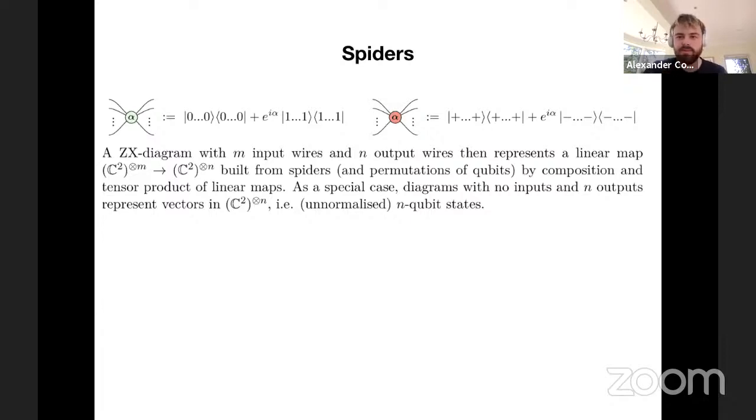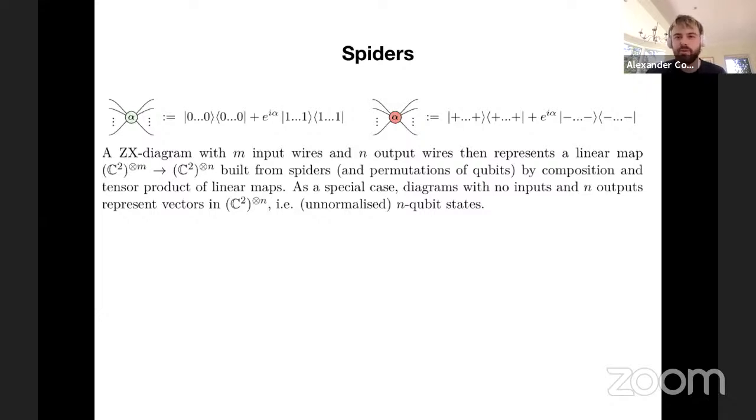And we have two types of spider, green and red, corresponding to Z and X basis correspondingly, with some angles associated with them. And we can represent linear maps between Hilbert spaces using these tensor networks. And we can also generate states by having tensor networks without any input wires.